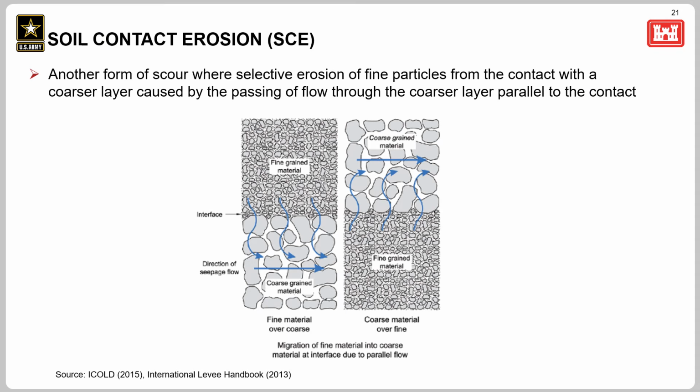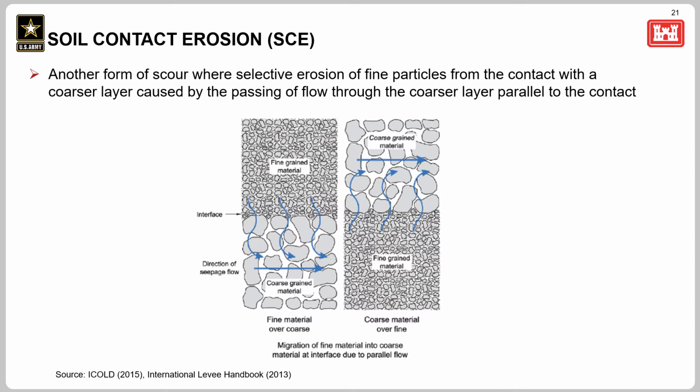Soil contact erosion is also a form of scour, involving the selective erosion of finer particles from the area of contact with a coarser layer. Flow through the coarser layer runs parallel to that contact and can move particles into the coarser material's pore spaces. SCE occurs if the flow in a coarse layer is parallel to the interface between the coarse and the fine layer.